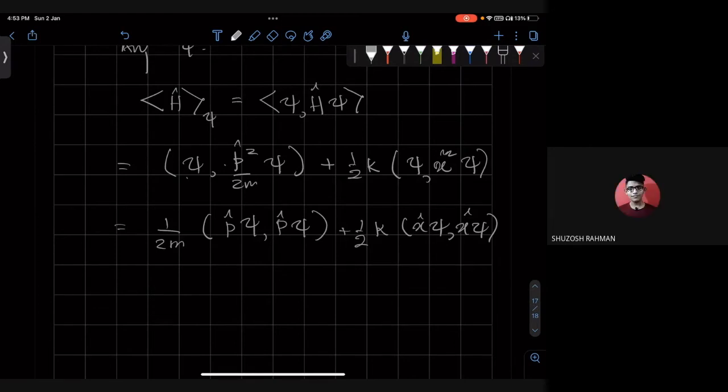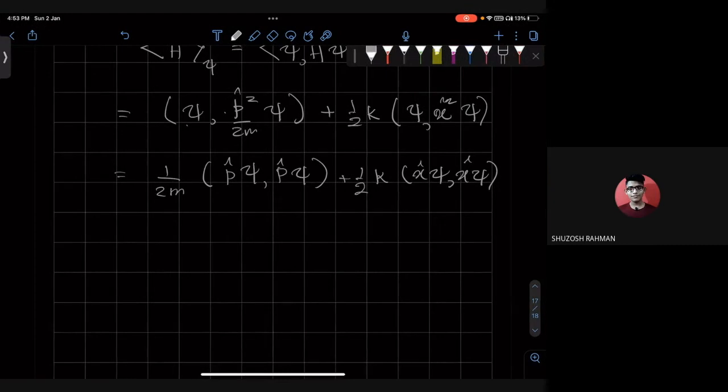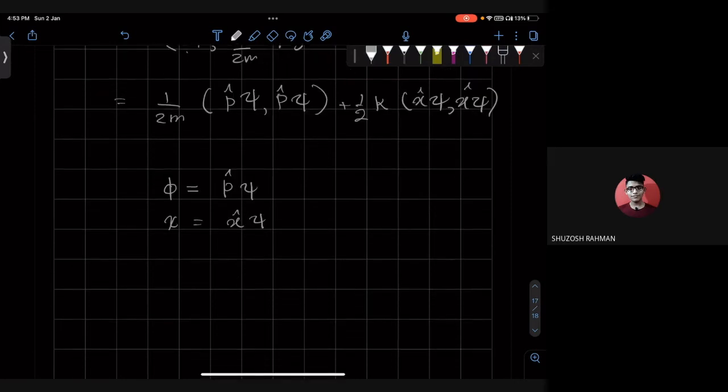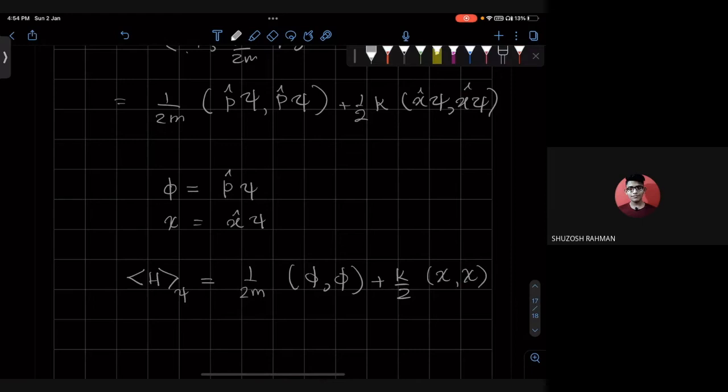Yes, sir. So now let's define a state phi to be p hat psi, and the state chi to be x hat psi. If I do this, then the expectation value of H in psi is given by 1 over 2m, a positive number, times the norm squared of phi, plus k over 2, another positive constant, times the norm squared of chi.